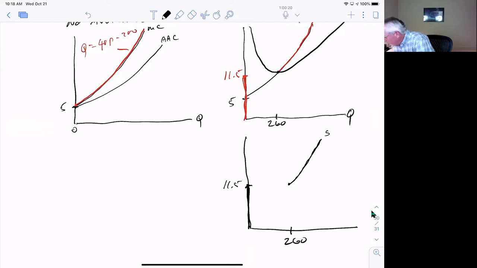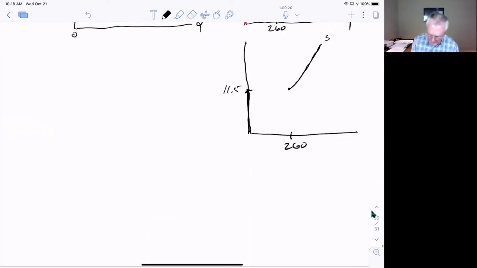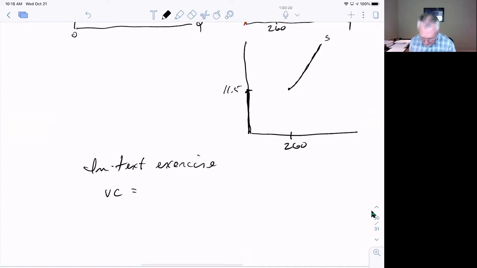There's also, in the text, another one that says, what is Dan's supply function if he has a daily variable cost of Q squared over 2, a marginal cost of Q, and an avoidable fixed cost of $50 per day. So this is the in-text exercise on page 293. Dan's supply function has a daily variable cost of Q squared over 2.